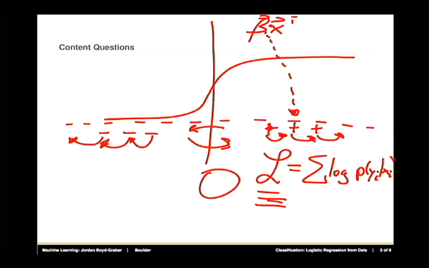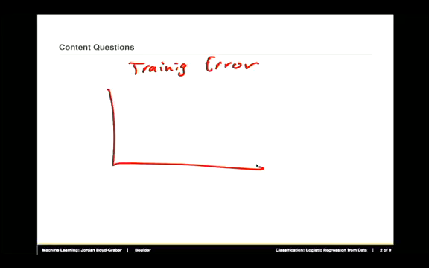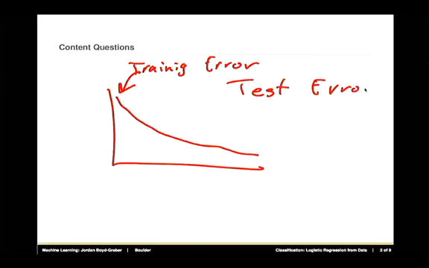Another reason that you want to do regularization is that it can help with overfitting. So you can have training error that goes down and down and down, but maybe your test error goes down and then maybe starts creeping back up again.